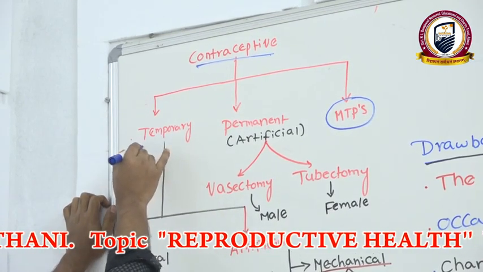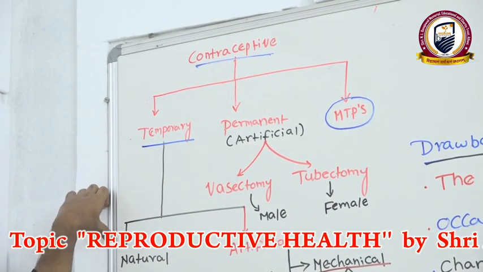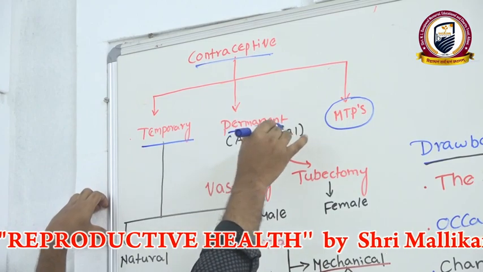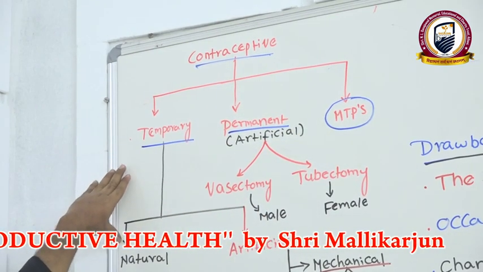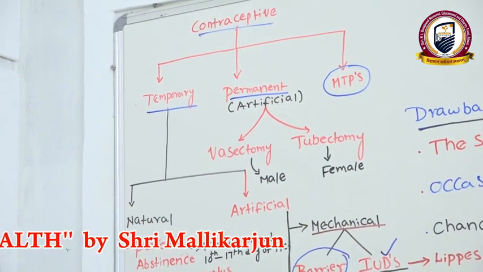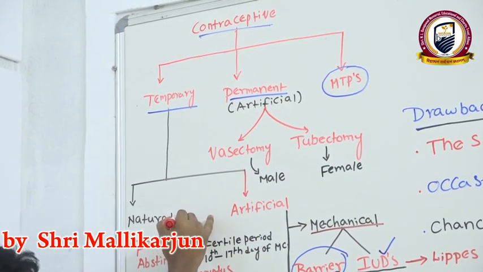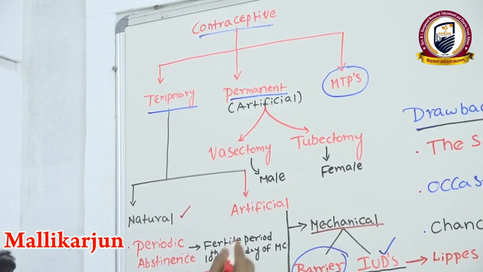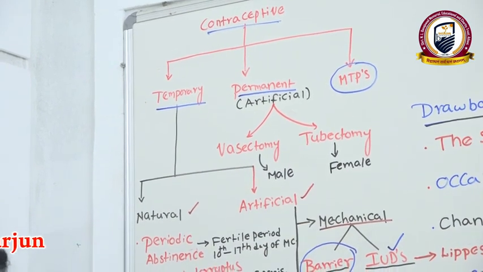Mainly we are discussing temporary methods as one, and the second one is the permanent methods. Under the category of temporary methods, again we categorize into two types, one is natural and another one is artificial methods.